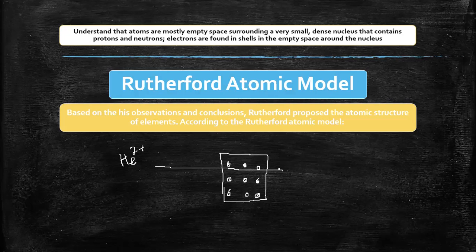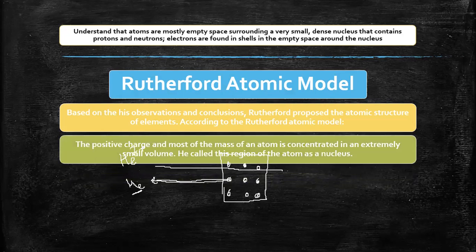Some of them got deflected, and a very small number got back to the position of their origin. Let's say this alpha particle bounced back. I will show you the animation for this.